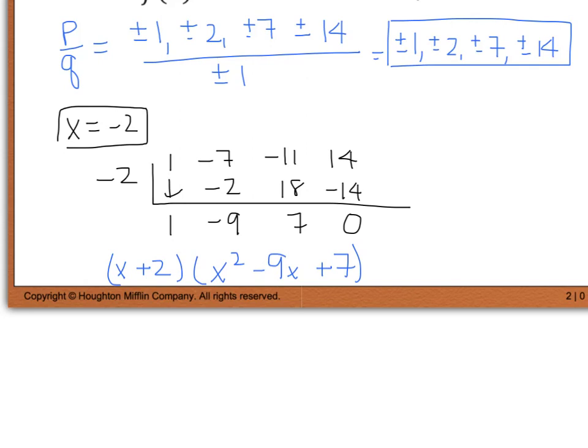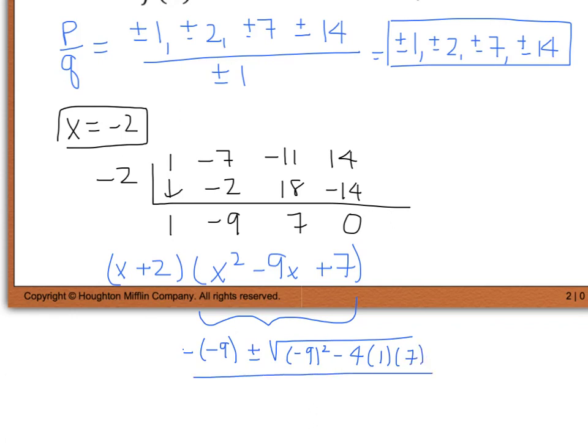But what I can do is use my quadratic formula. So to do that, I'm just going to look at this piece right here first, and then we'll deal with that x equals a negative 2 in just a second. So the quadratic formula tells me to take the opposite of b. So I'll have the opposite of a negative 9, plus or minus the square root of a negative 9 squared minus 4 times a, which is 1, times c, which is 7.